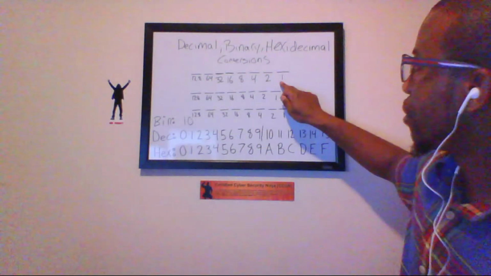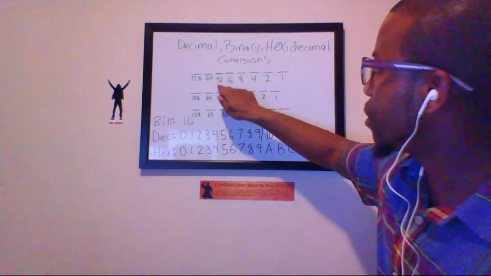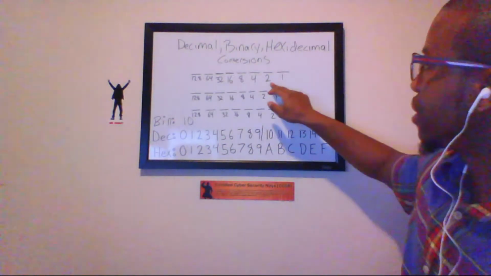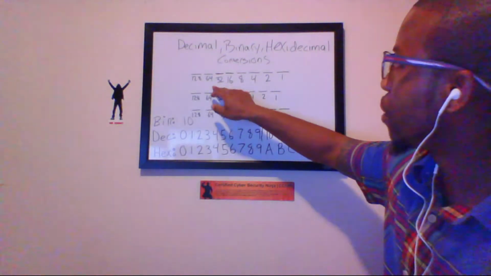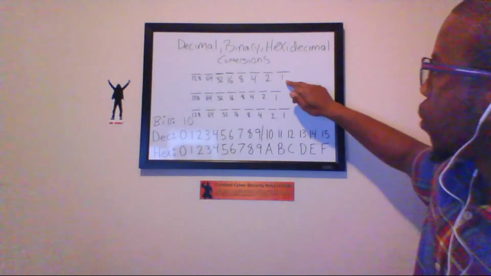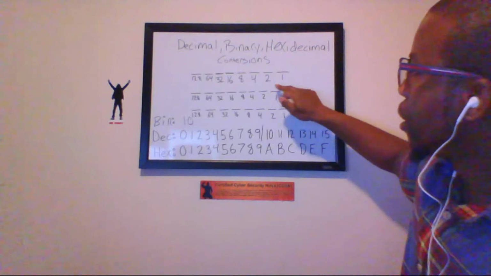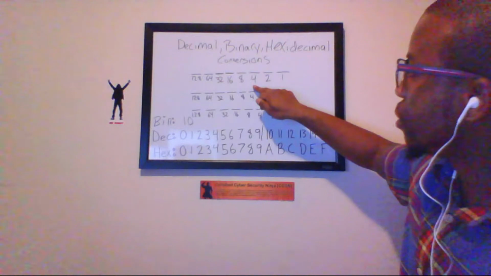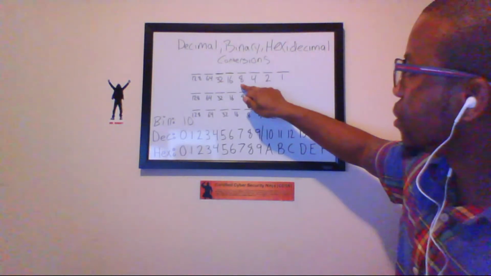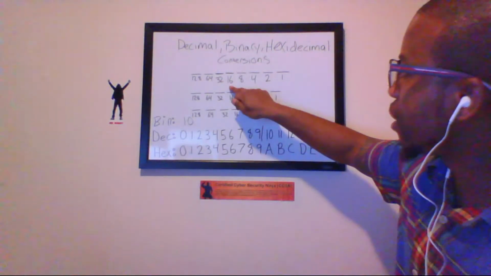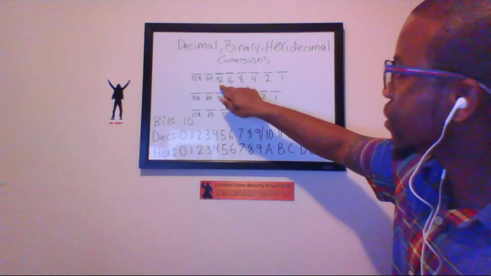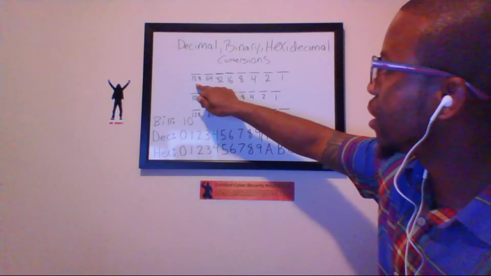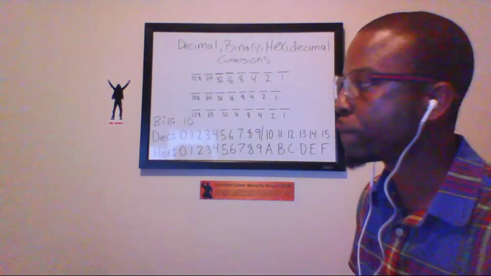Now, these numbers, 1, 2, 4, 8, 16, 32, 64, 128, are how you count the values in a base 2 binary system. 1 represents 2 to the 0, 2 represents 2 to the 1, 4 equals 2 to the 2, 8 is 2 to the 3, 2 to the 4 is 16, 2 to the 5 is 32, 2 to the 6 is 64, and 2 to the 7 is 128.